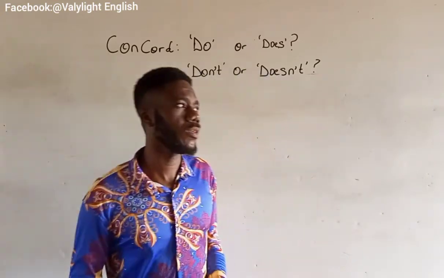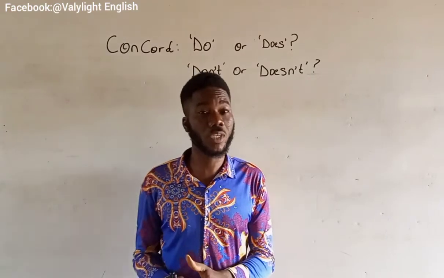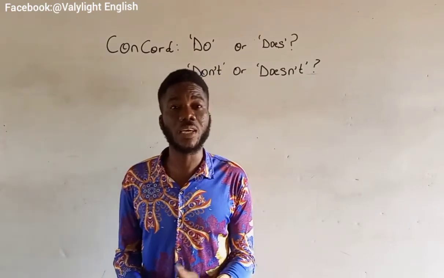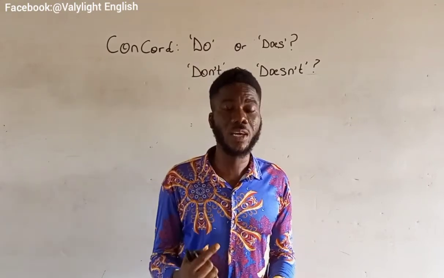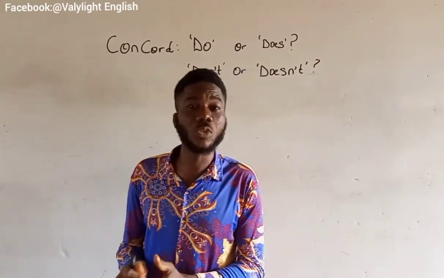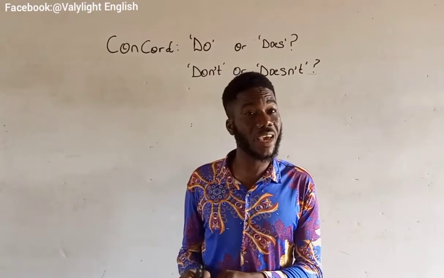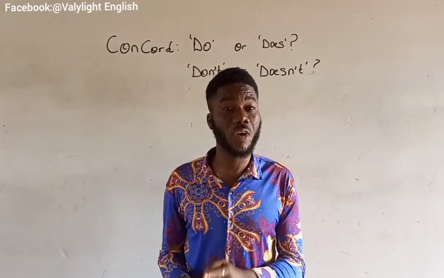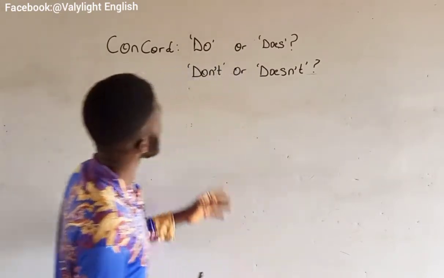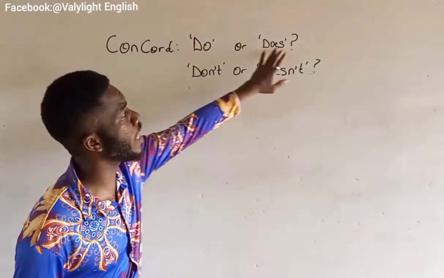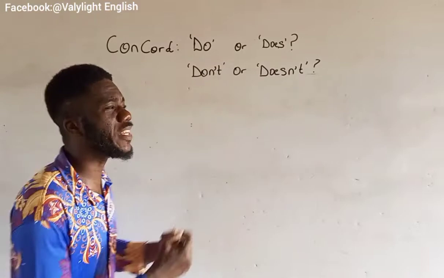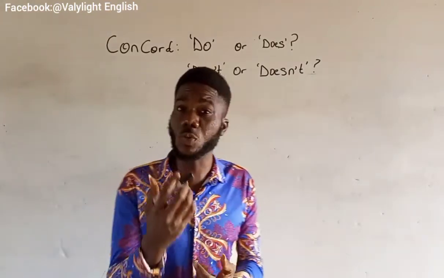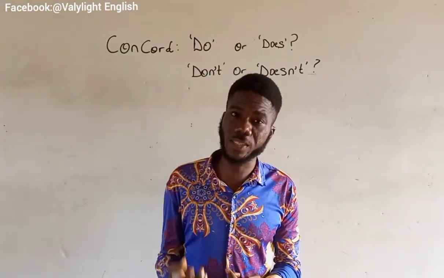Now, since the rule says that when the subject is singular, the verb has to be singular, it means that whenever the subject is singular, whichever verb you are to use must be the one that has s. That is the singular form of the verb. Therefore, where do you make use of do and does? You make use of does when the subject of the sentence you are making is singular.